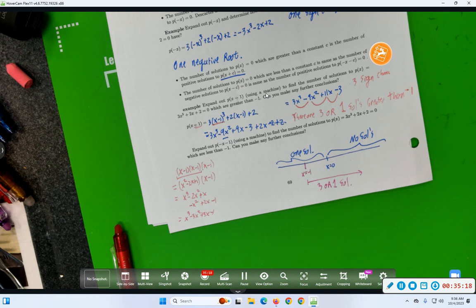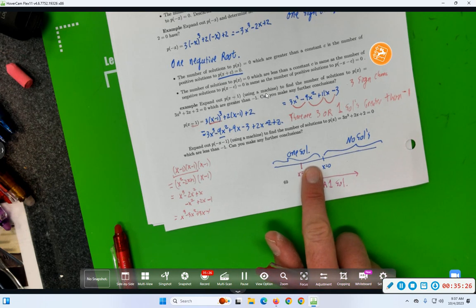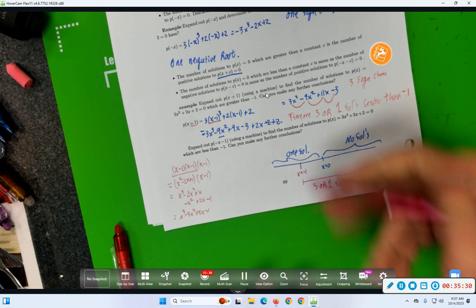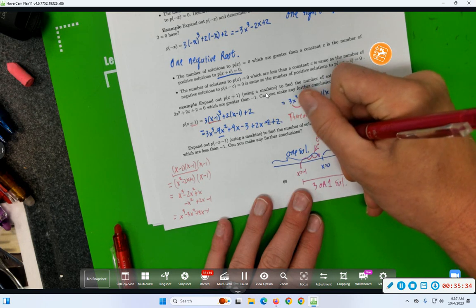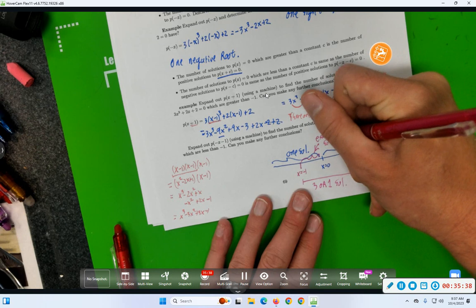No, because then those 3 solutions, either they'd be in between -1 and 0, which would be bad because there's only 1 solution to the left of 0. There are no solutions bigger than 0. So this gives us really good information. These computations tell us there's exactly 1 solution here.